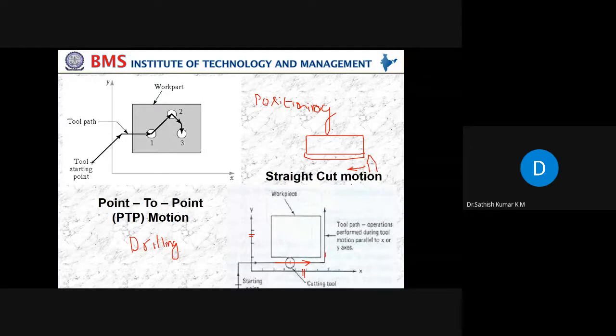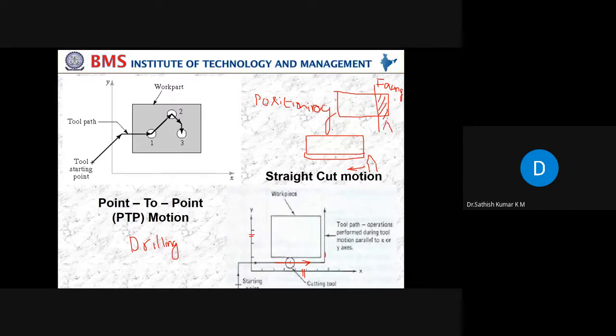The other straight cut motion is, I want to reduce the length of the work part. I want to remove this portion. What is this operation called? We know this operation is called the facing operation. Now in facing operation, how is the tool going to be moved?